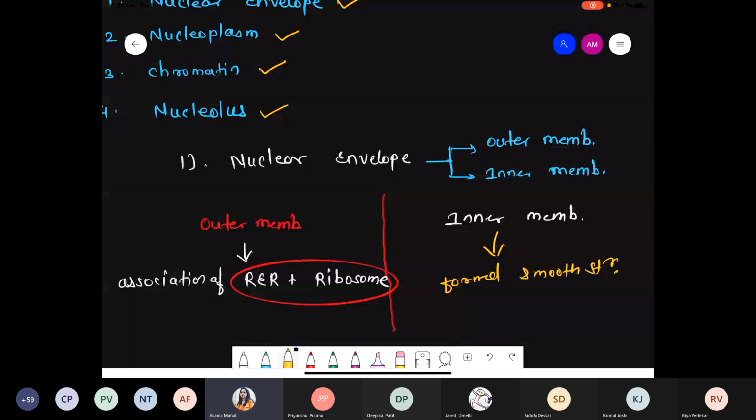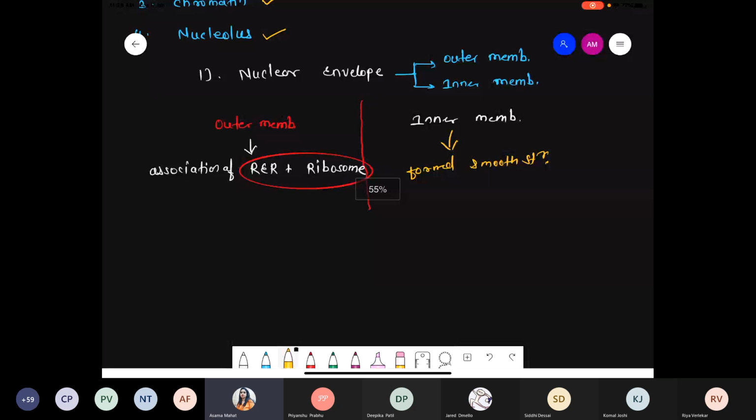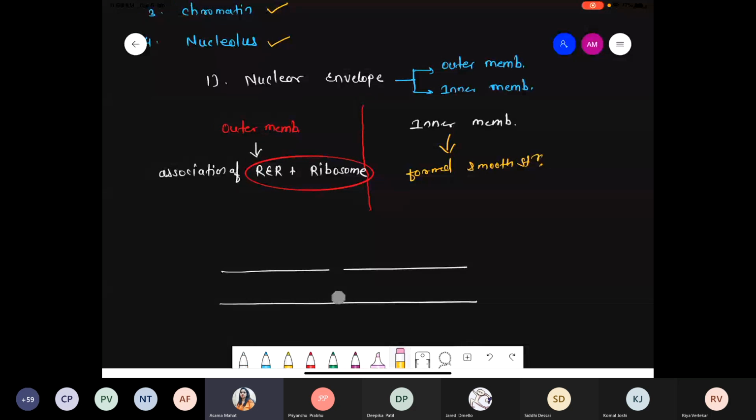Now between the nuclear membranes, between the outer and the inner, suppose this is the entire membrane, outer and inner. Through the membrane there is a small gap present, and that gap is called the nuclear pore complex, NPC.